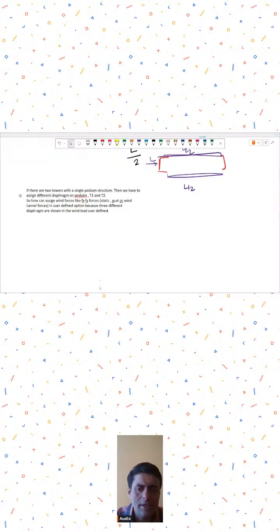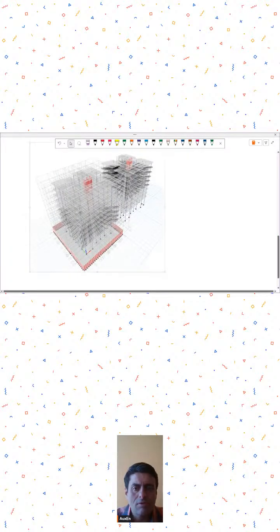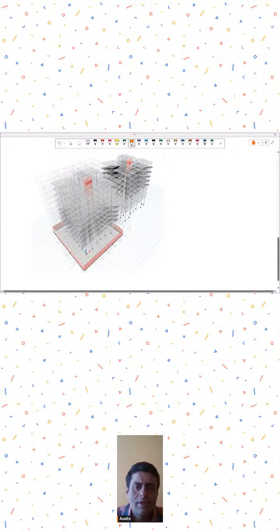No, so you can do it this way. I'll just show you an example of what I was trying to do. I have created this from some old model that I had. If you can see on your screen, there are two towers.